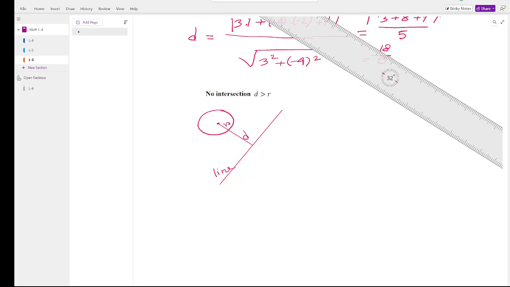This part is the radius, a small part. So here d is greater than r. So the line and circle have no intersection point.